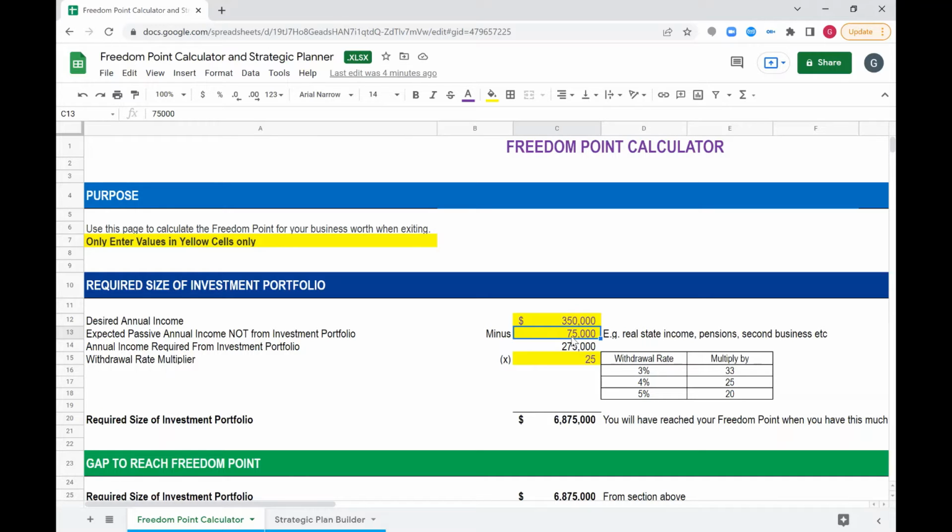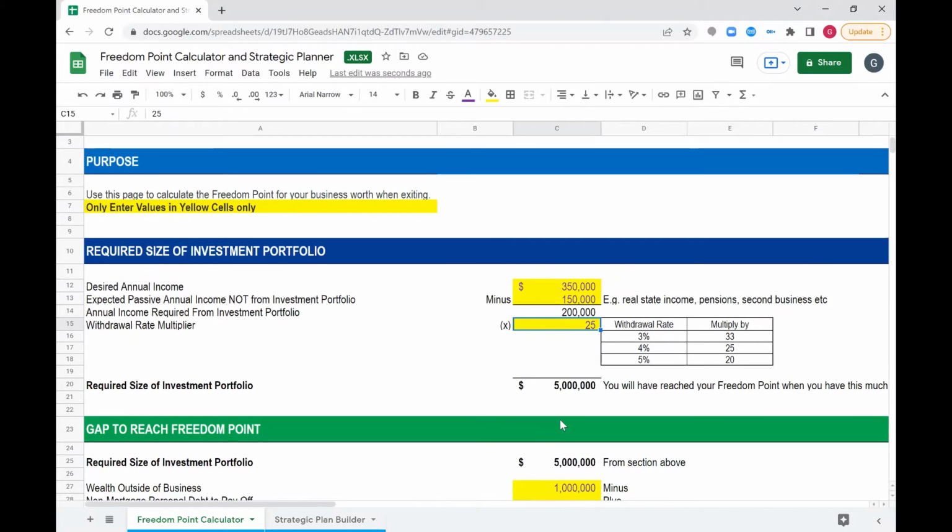So let me just plug in 150,000. Utilizing the 4% rule, that tells me I need $5 million in a portfolio. 4% of that's 200,000. We're getting the extra 150 from other sources that they currently have separate from the business.